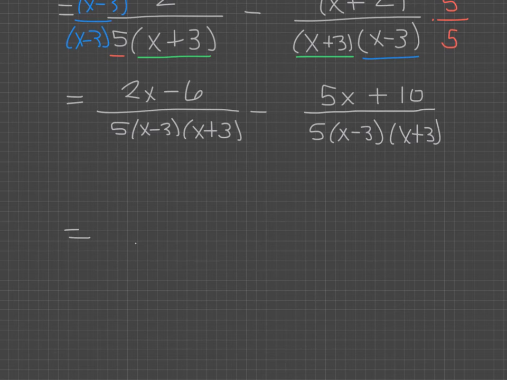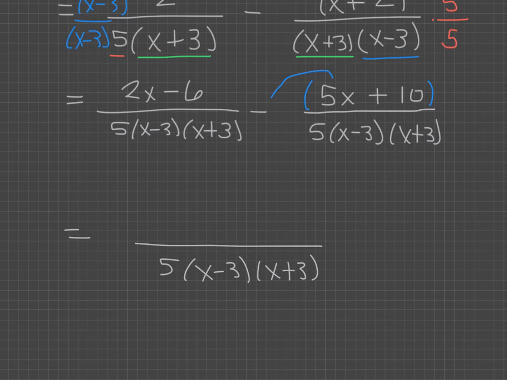Now we've got our common denominator, 5 times x minus 3 times x plus 3, and we will do the subtraction across the numerator, remembering that the negative applies to the 5x and to the 10. So we've got 2x minus 5x, that's a negative 3x, and negative 6 minus 10, so that's a negative 16.